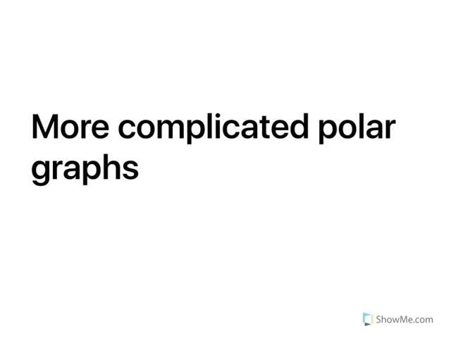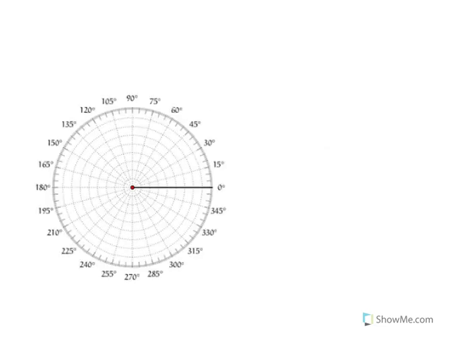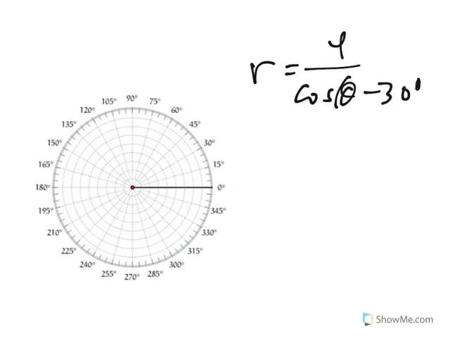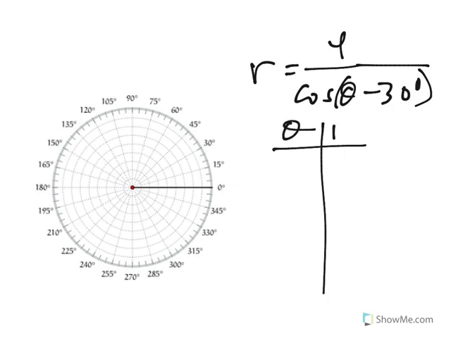Today I'm going to show you, in this video, something that starts with an equation that looks pretty complicated: r equals 4 over cosine of theta minus 30. Since we don't have a feel yet for what this might be, even though the points are graphed r comma theta, our chart is going to have theta on the left, 30.